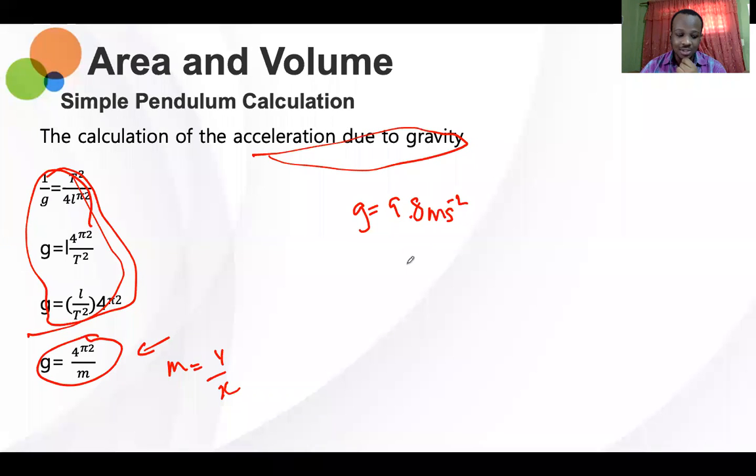They actually use a simple pendulum when calculating g. They use a simple pendulum to find the acceleration due to gravity on Earth. And they have other experiments that can be used.